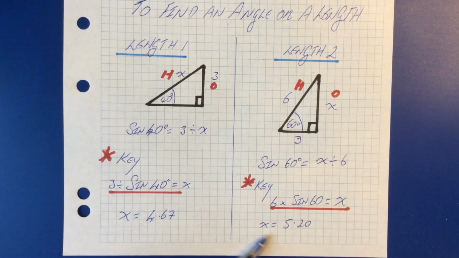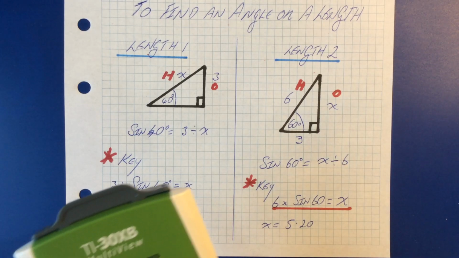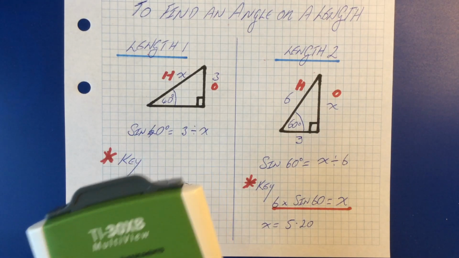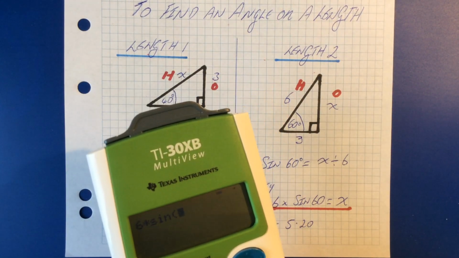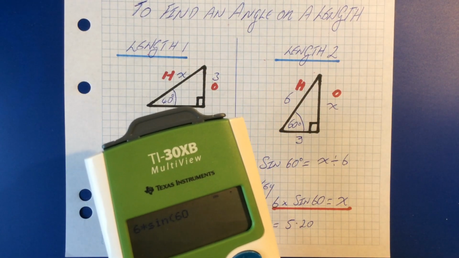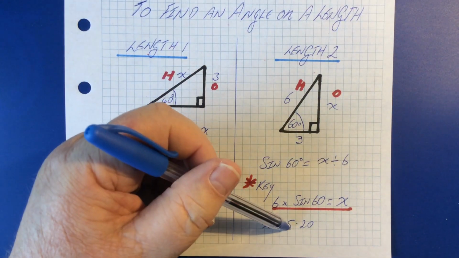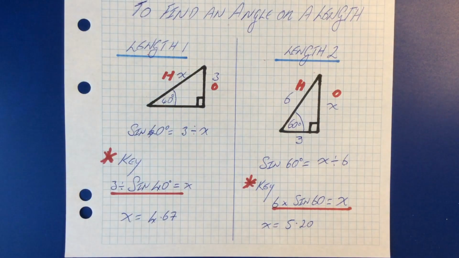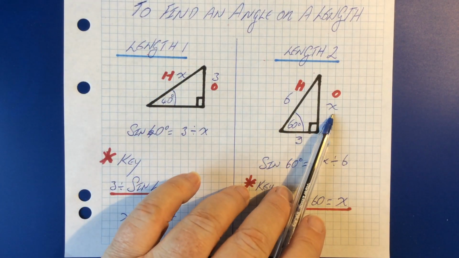When you key this in, these are the keying instructions: 6 times sine 60 degrees, and push go, and you get 5.19, which I have rounded to 5.20. Those are the two circumstances in which you use a sine on a right-angled triangle to find a length. You're either looking for a hypotenuse or an opposite side.